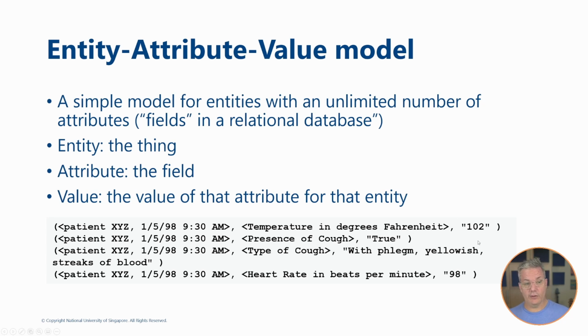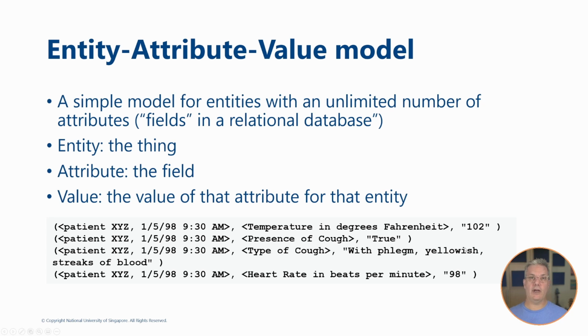The second EAV triple is the same entity, but a different attribute. In this case, they have a cough. Now that they have a cough, another field is relevant. In this case, it's a type of cough, and it's with phlegm, and it's yellowish with streaks of blood. And finally, the last EAV triple is the same entity, now a different attribute, their heart rate in beats, and it's 98.